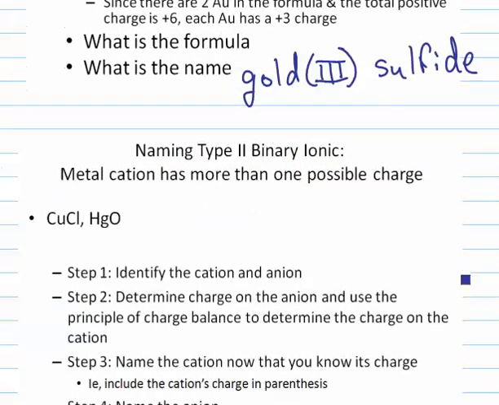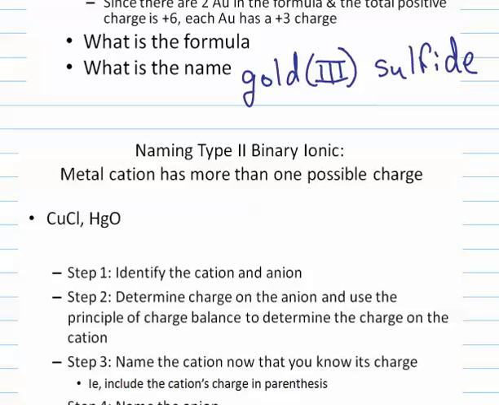Here's a couple other examples. Again, we indicate the charge on our cation by Roman numerals, and this distinguishes between any other possible compound. Here we have CuCl. We know that chloride has a -1 charge, and that tells us that this copper ion must be a +1 charge.